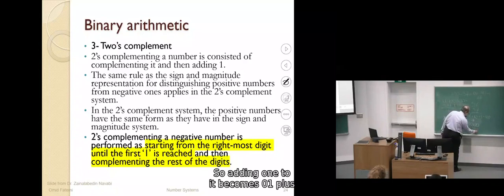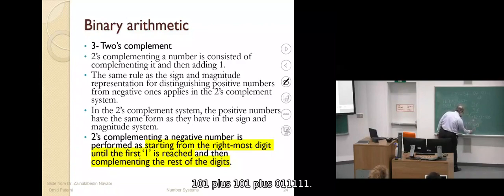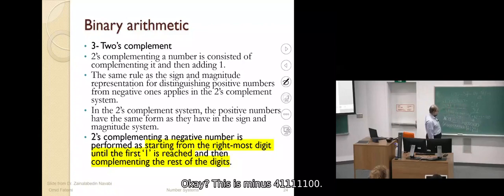So adding 1 to it becomes 0, 1 plus 1, 0, 1 plus 1, 0, 1 plus 0, 1, 1, 1, 1. Okay? So this is minus 4. 1, 1, 1, 1, 1, 0, 0.